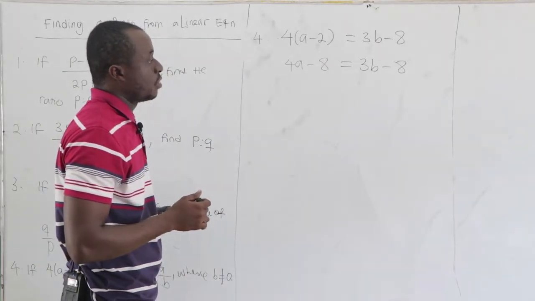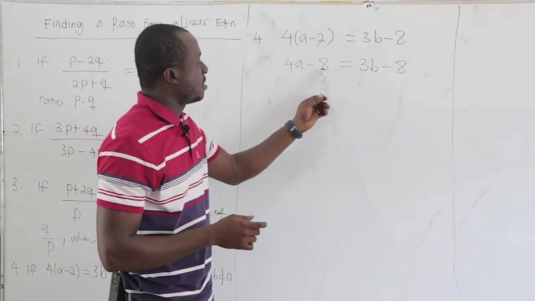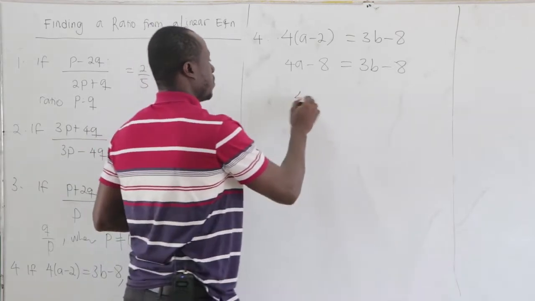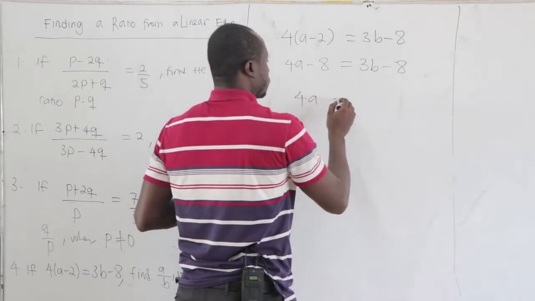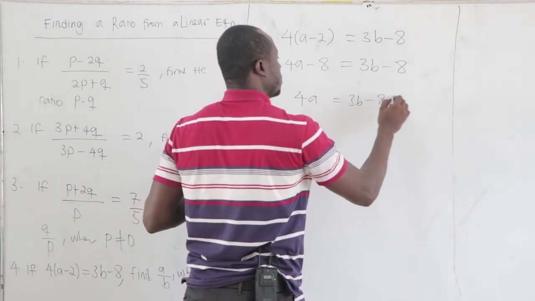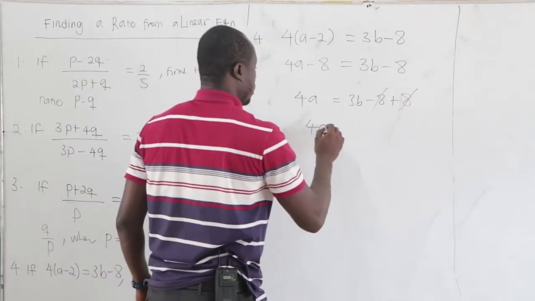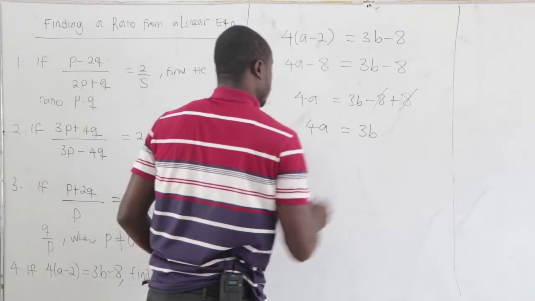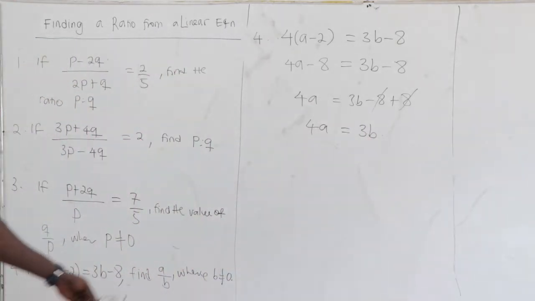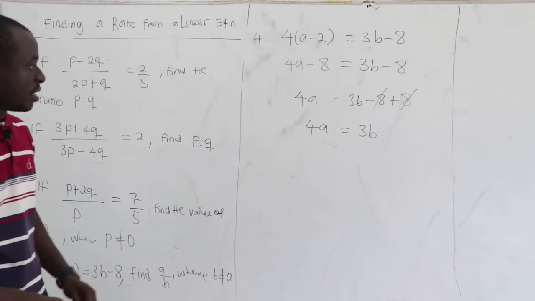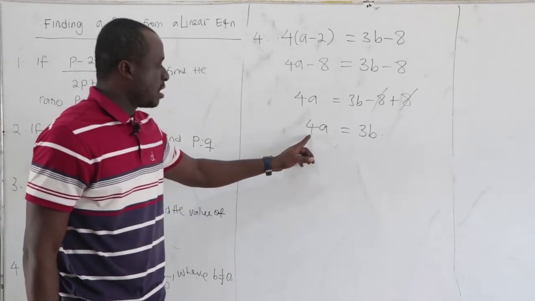From here, we take this negative 8 to this side. So we have 4a equal to 3b minus 8 plus 8. Clearly this and that will cancel out, so you have 4a equal to 3b. Now what do we want to find? We want to find a over b. Now what is multiplying the a? That is 4.